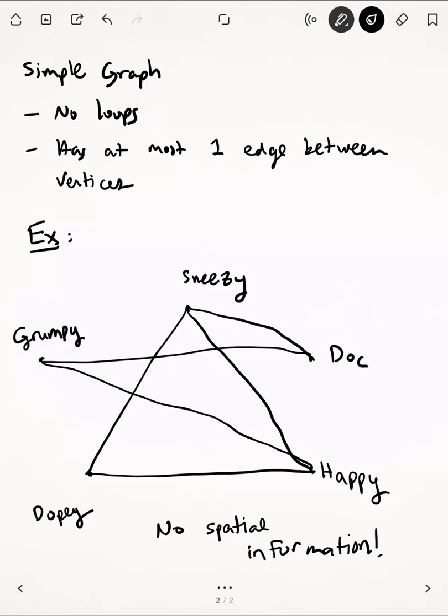Also, one thing to note is that this is not a unique way that this can be represented, right? So I can just as well draw the graph in the following way. I can put Happy down here, and I can put Dopey up here, and then Sneezy over here, and Doc over here, and Grumpy over here.